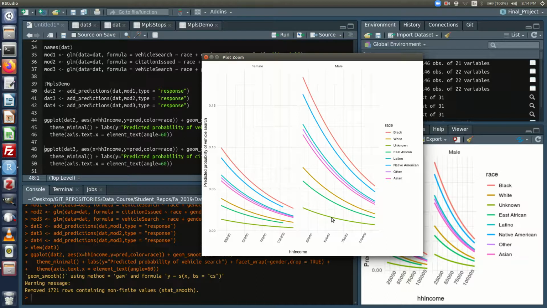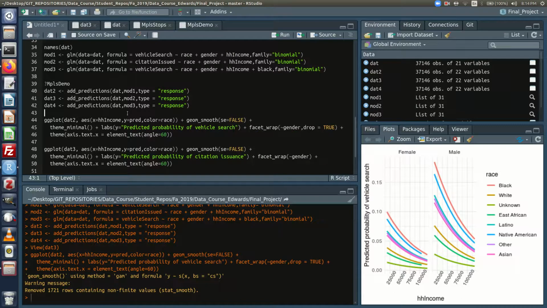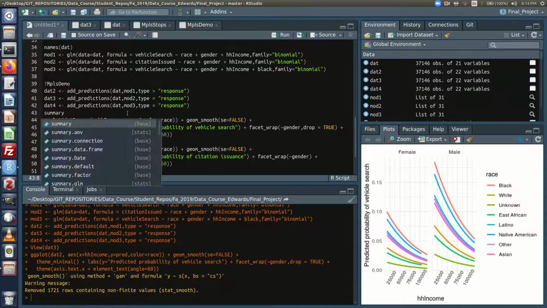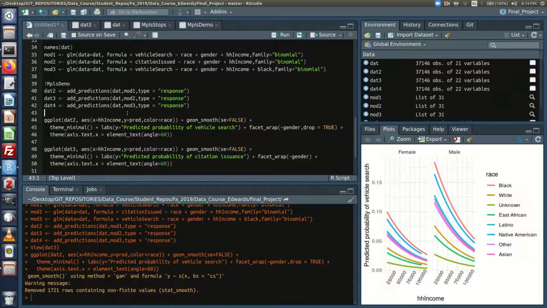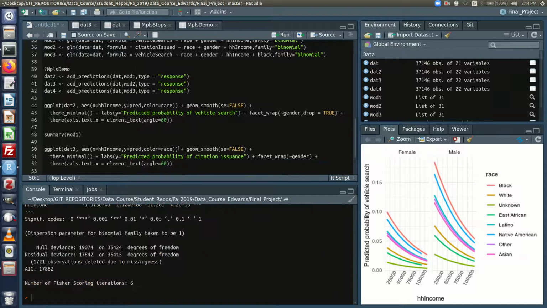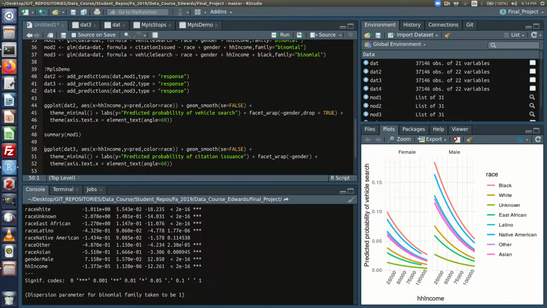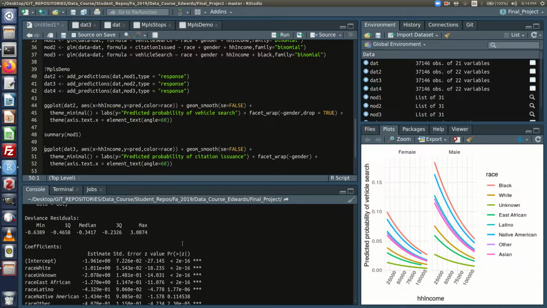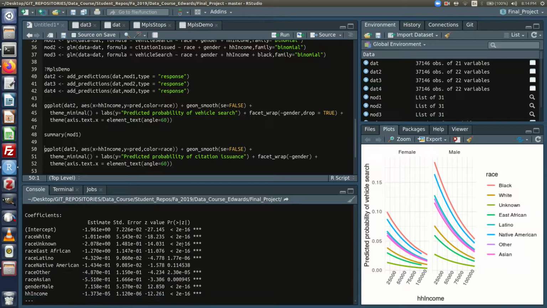So there does seem to be a difference, right? Matter of fact, let's take a look at that. Summary mod 1. Okay, so here's our coefficients.